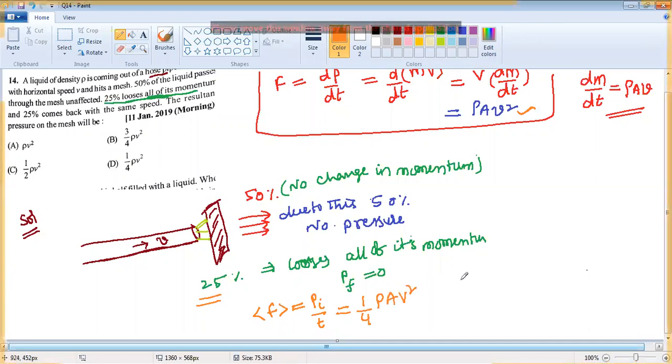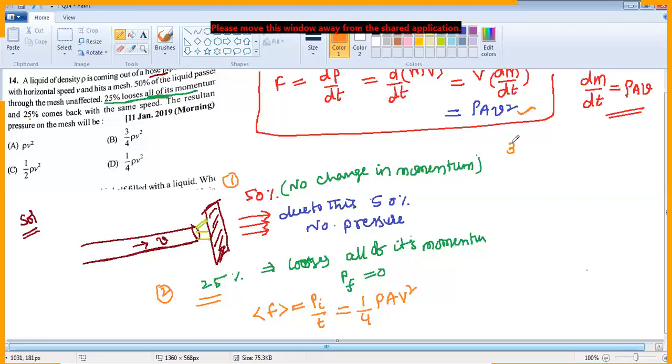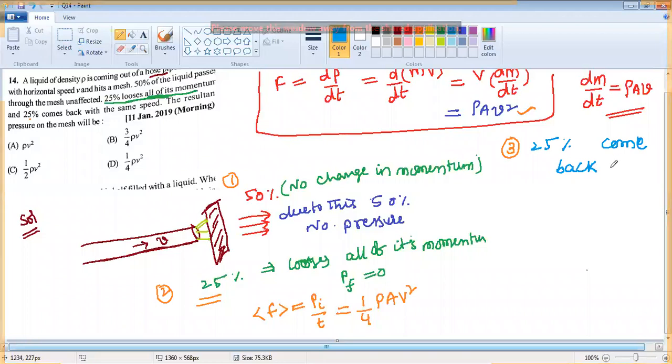And the next 25% comes back. This is the first one, this is the second one, and now this is the third one. So 25% comes back with the same momentum.